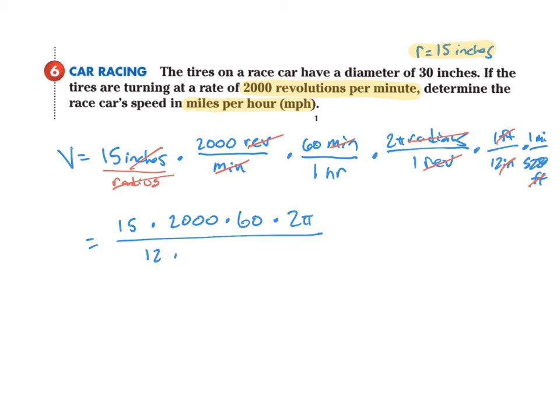And if I do this calculation, I should end up with my miles per hour. When you're typing this on your calculator, just be careful. Make sure you include the numerator and the denominator in parentheses. And then when you hit equals, you should get approximately 178.5, and this is in miles per hour. Miles in the numerator and hours in the denominator.